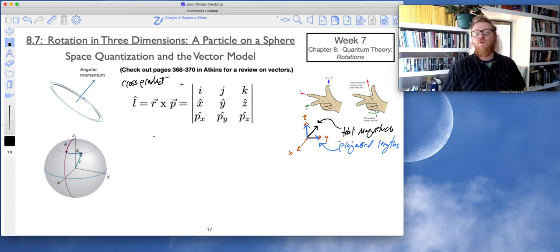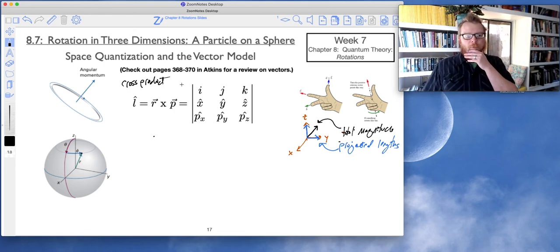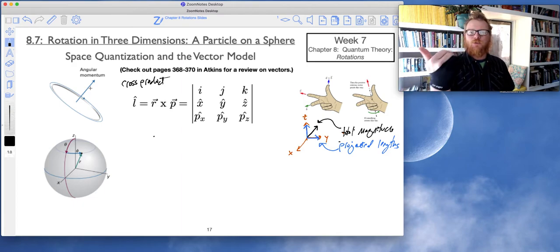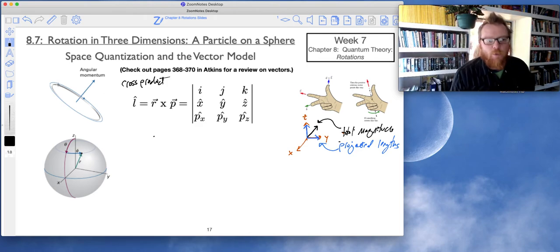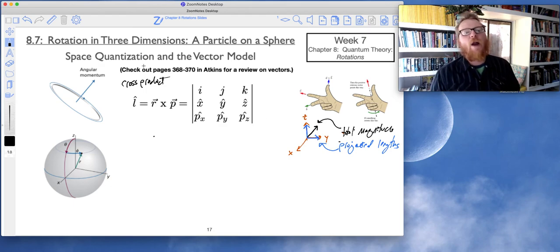More importantly, what we're really interested in is describing this vector as angular momentum. If you look at my picture here, I got this picture from Atkins, and it's drawn wrong. They violated the right-hand rule. If that vector is pointing up this way, it should be rotating the opposite way. In any event, when we see pictures like this, we want to represent this angular momentum as this three-dimensional vector representation. So here's how we do it.